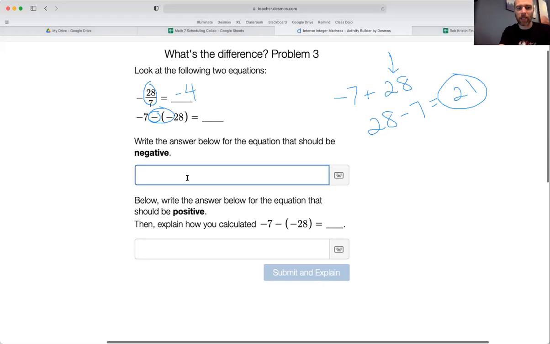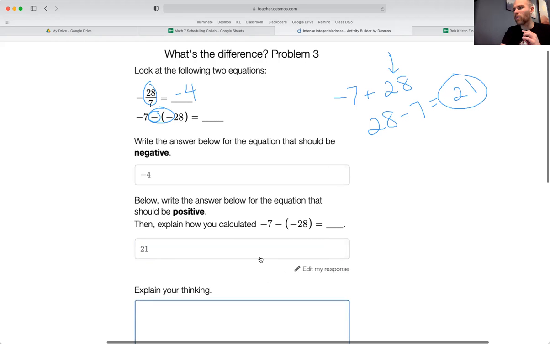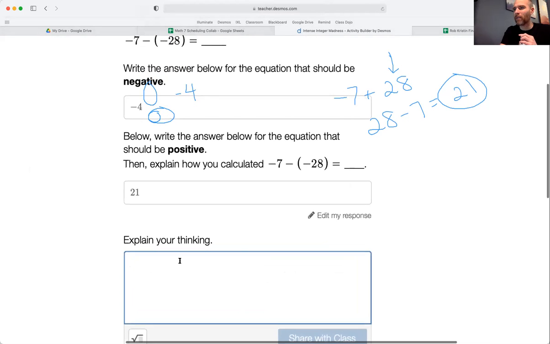So here we'll put a negative 4. Here we'll put positive 21. And then explain how I calculated negative 7 minus negative 28. Well, I think the most important part of how we calculated this is that subtracting a negative number is the same as adding a positive number.